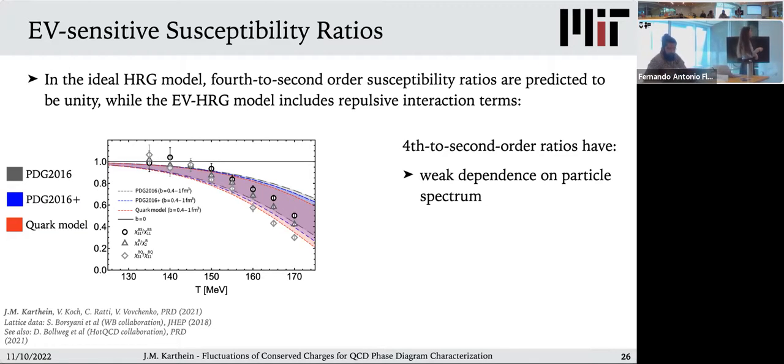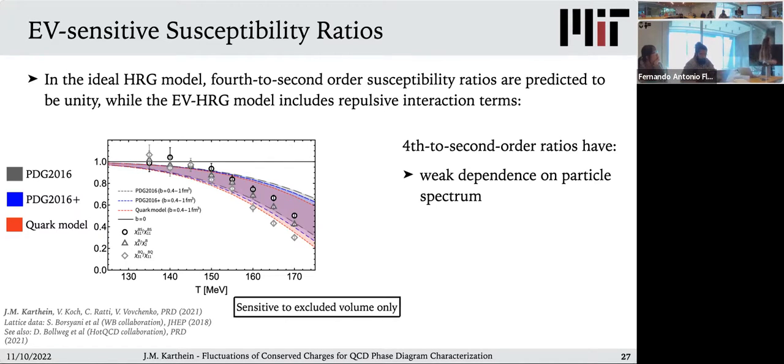If I just look at the different colors, shown by these different bands, they're all pretty much on top of each other. So this tells me that it's not very sensitive to the hadronic spectrum, and I can use this to try to constrain my excluded volume parameter.